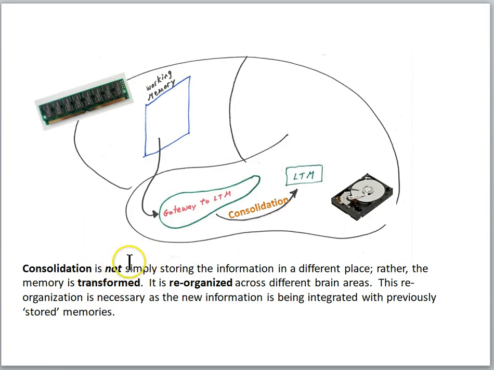So consolidation is not simply storing the information in a different place. Rather, the memory is transformed. It's reorganized across different brain areas, the hippocampus and the cortex. And this reorganization is necessary as the new information is being integrated with previously stored memories, what we're going to call semantic memory, and they are stored in cortical networks.